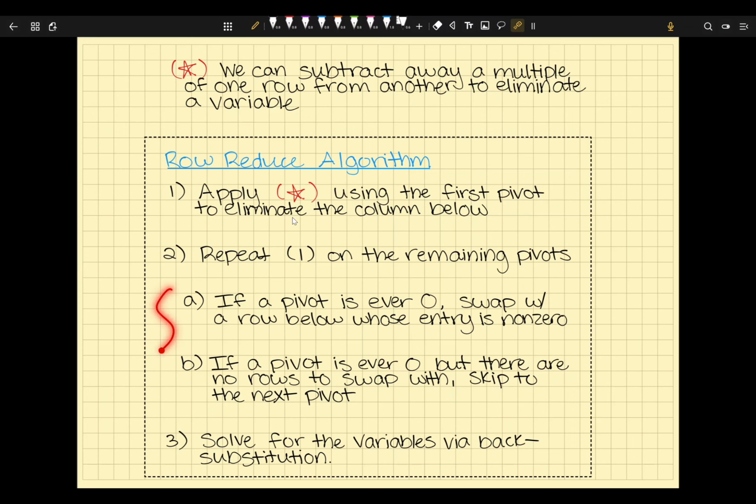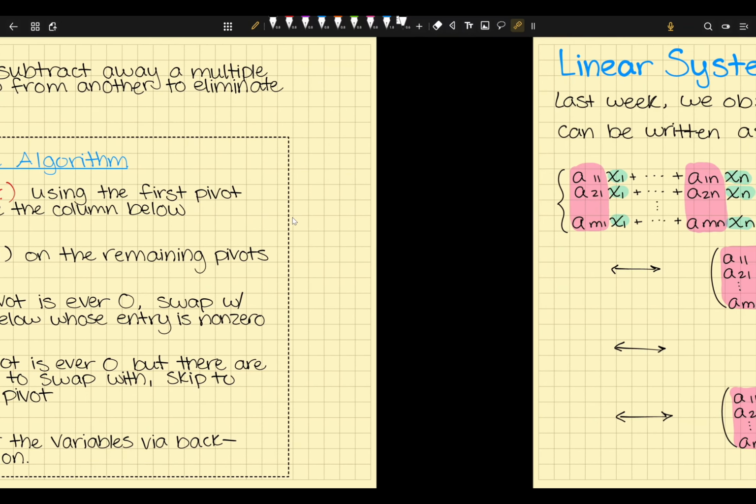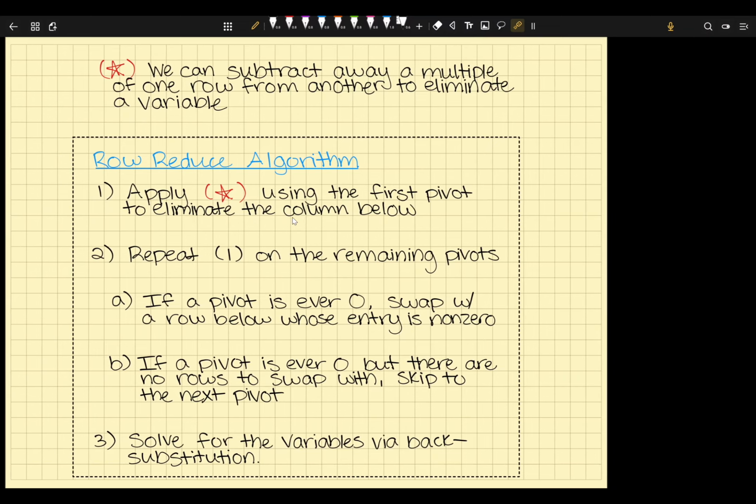And there are these two edge cases, where if there's ever a 0 but there's a row below that's non-zero, we just swap it. And if there's no row to swap with, then we just keep going. And then at the end, we solve with back substitution. All right, how do we feel about this algorithm?